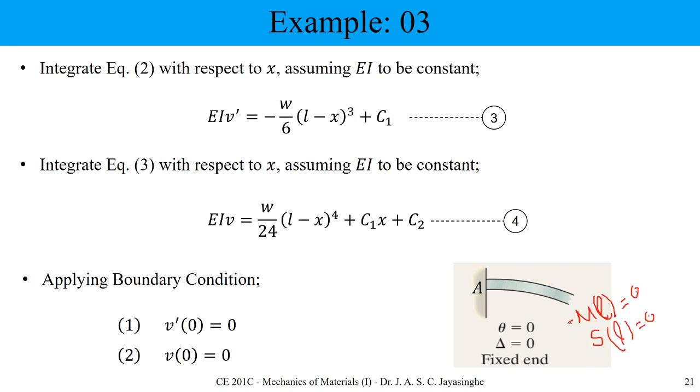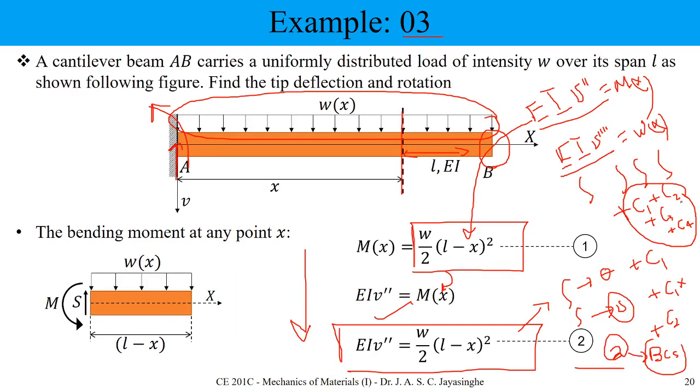I will not put V, so it will not confuse you. So this is the third one, this is the fourth one. You can apply these as the other 2 boundary conditions, and you can resolve this problem also. Okay, but here I'm not going to explain. Of course you can try and you should end up with the same results.